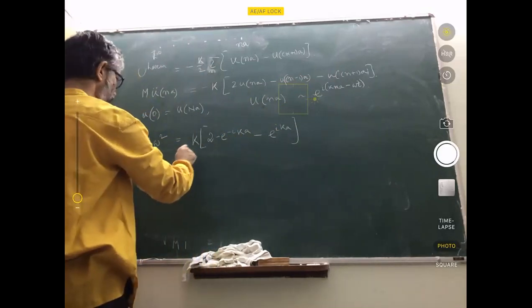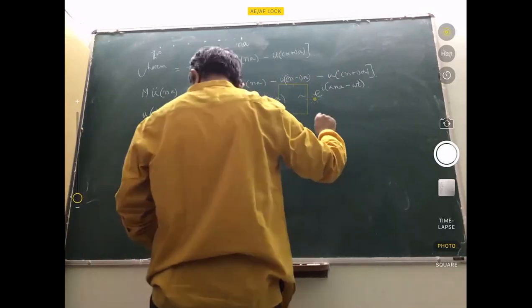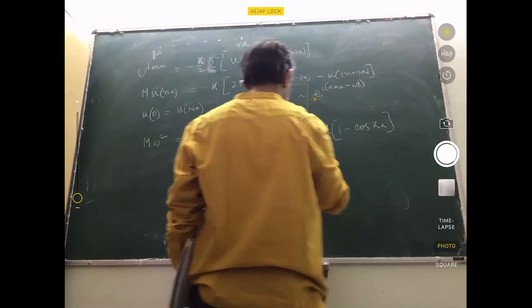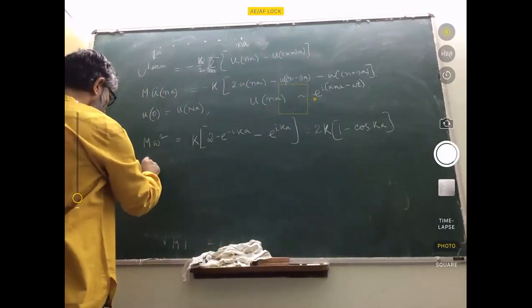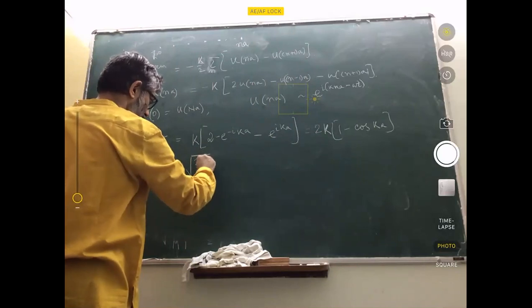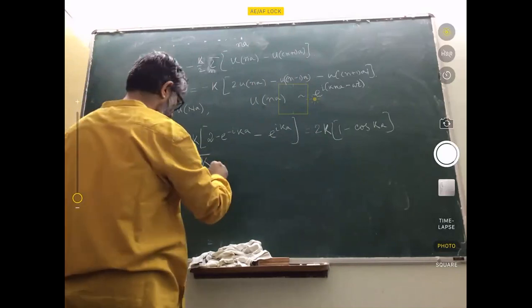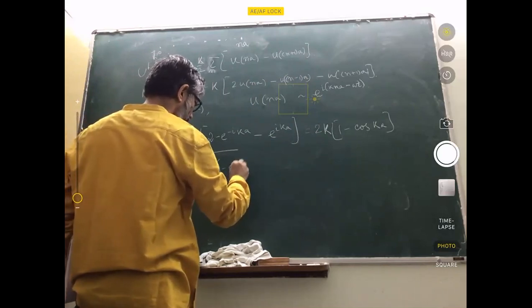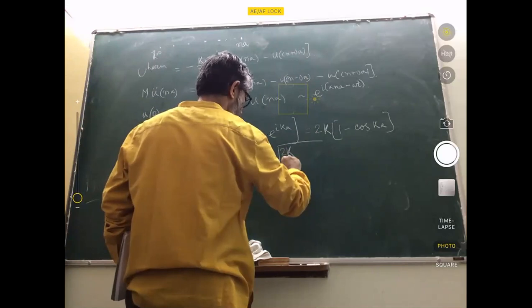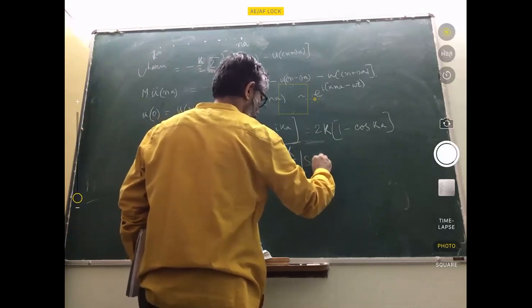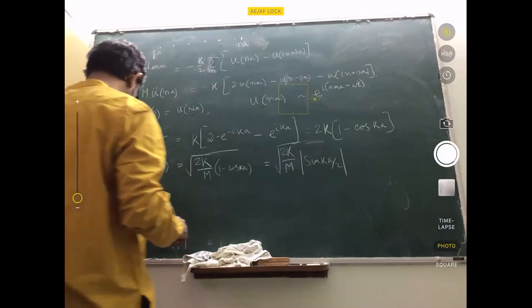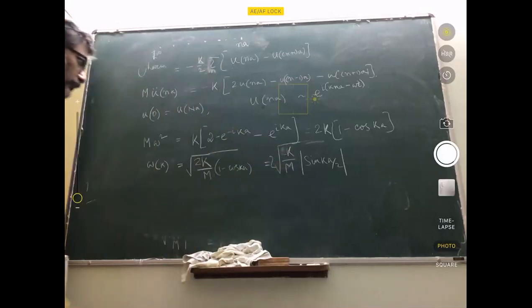And which was written as, then we got an expression for omega. Okay, the 2 will count. So that's what we got.